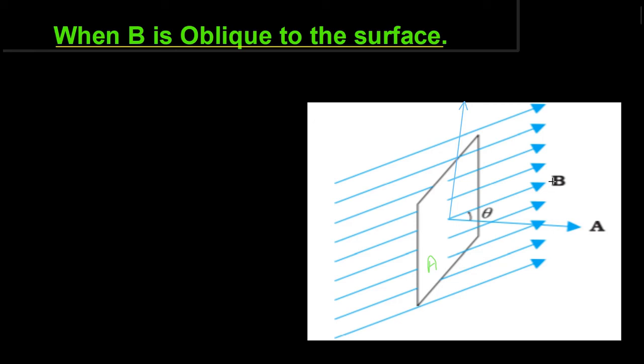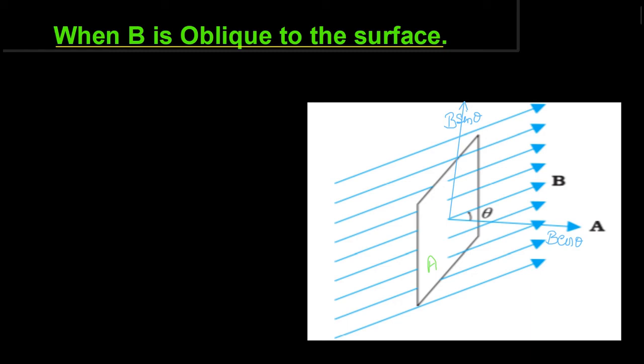The component of B along the area vector is B cos theta. The component perpendicular to it must be the sine component, B sin theta. What we need to know is the component of magnetic field along the area vector, that is B cos theta.